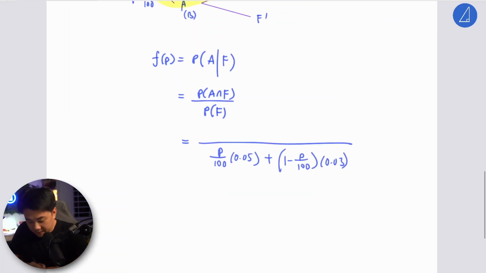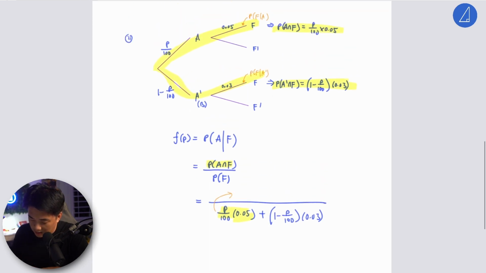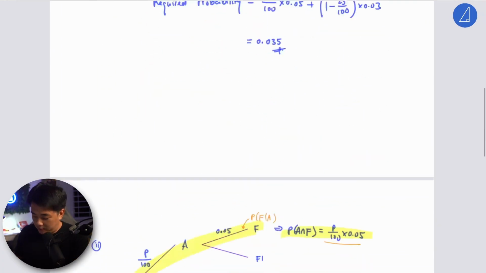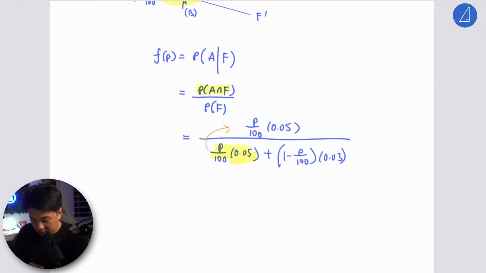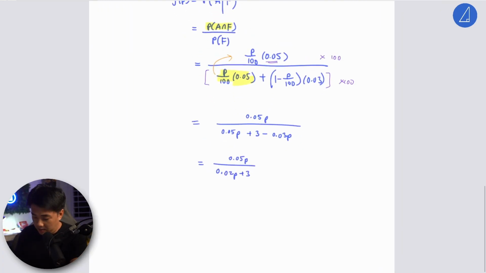Whatever is on top is this one: A intersect F is just this. Then simplify. Because the question asks us to show 0.05P for the numerator, I'm going to multiply by 100 top and bottom. That gives 0.05P divided by 0.02P plus 3. So shown. Okay, that's it.